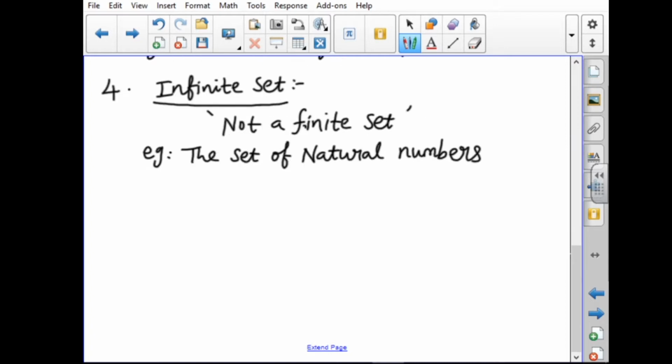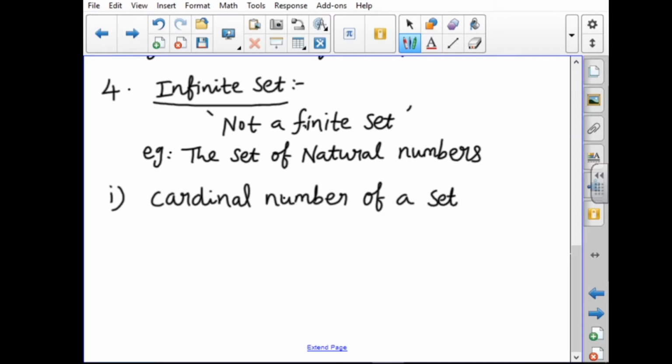In this we have one additional subdivision that is called cardinal number of a set. A cardinal number is nothing but the number of elements in a set.